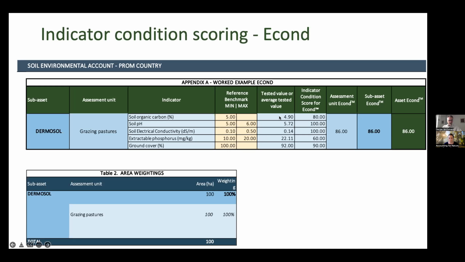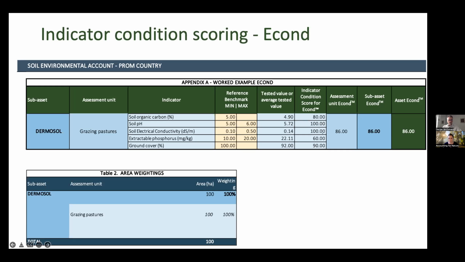The values of testing are shown in this column here: tested value or average tested value. So the carbon score we got here was 4.9, the soil pH was 5.72, the electrical conductivity was 0.14, extractable phosphorus 22.11, and ground cover 92%. So that then is converted into the indicator condition score based on how far out of range these actual values are.